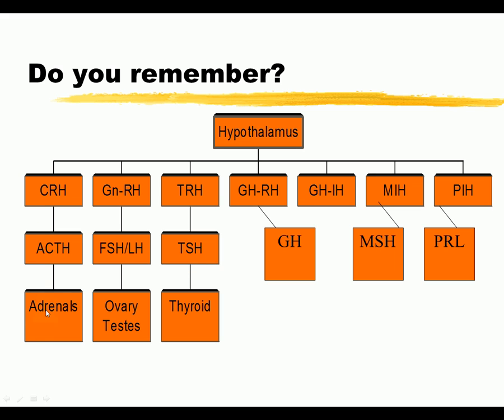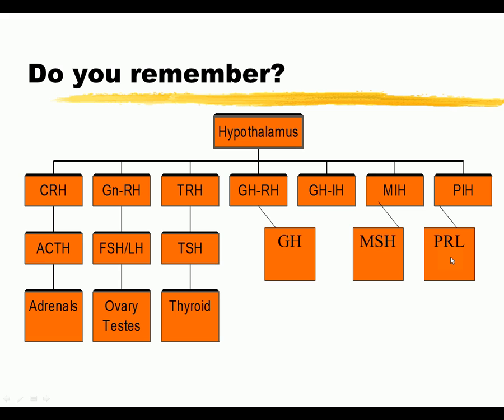So if you think about it, ACTH goes directly to the adrenal glands, FSH and LH directly go to the ovary and testes, and TSH goes directly to the thyroid. So these four are called tropic hormones, okay? These other three over here are called non-tropic hormones. That would be your growth hormone, your MSH, and your prolactin.